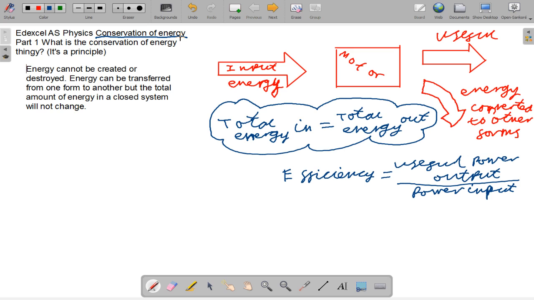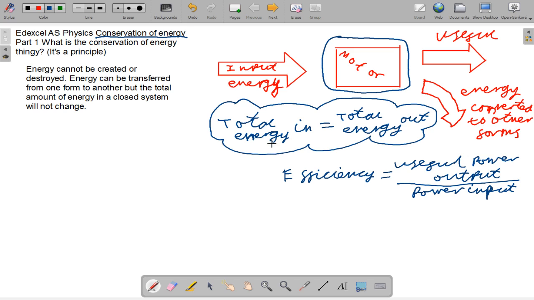But the total amount of energy in a closed system, and when I say a closed system, I mean anything like this motor here, will not change. And also, there are no outside factors that I could change in order to make the motor stop working. So that's what a closed system means.